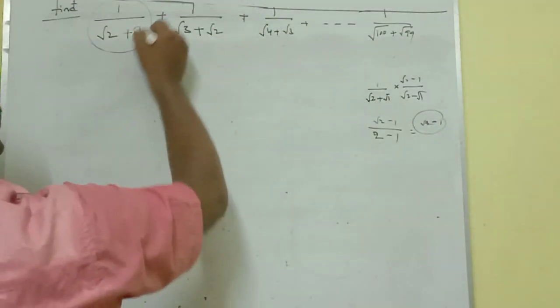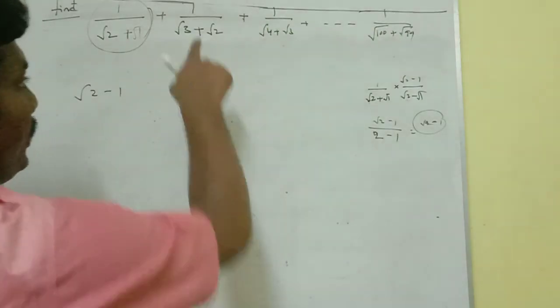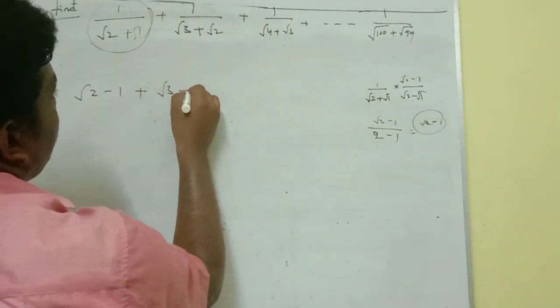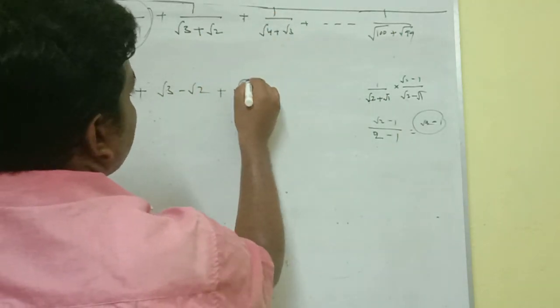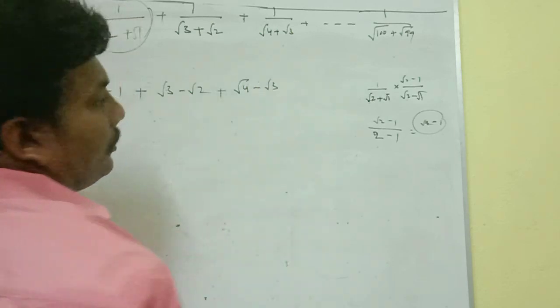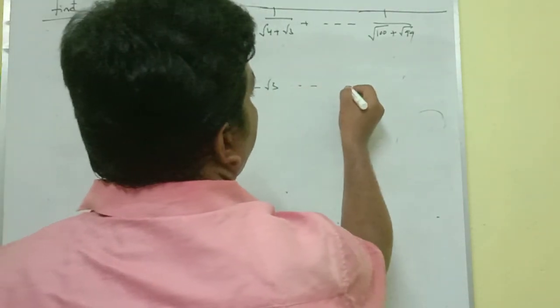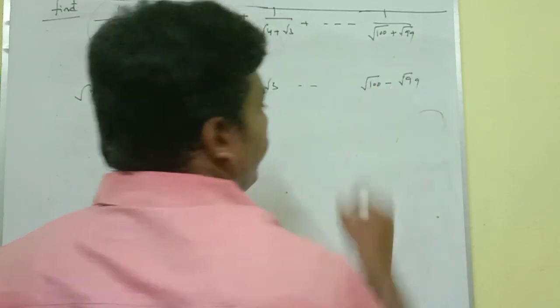In the next place, similarly, we get root 3 minus root 2. Like that we can take root 4 minus root 3, and similarly root 100 minus root 99.